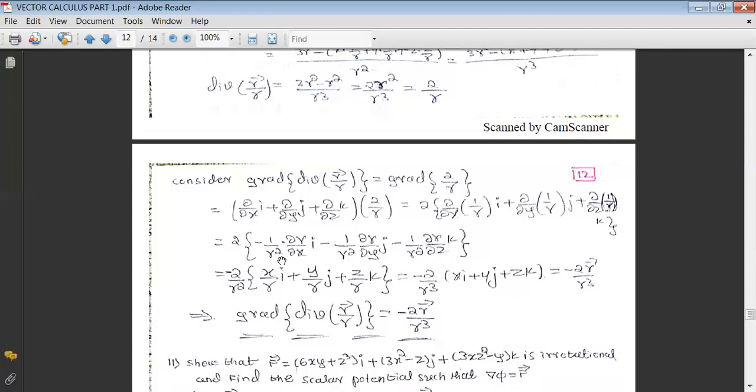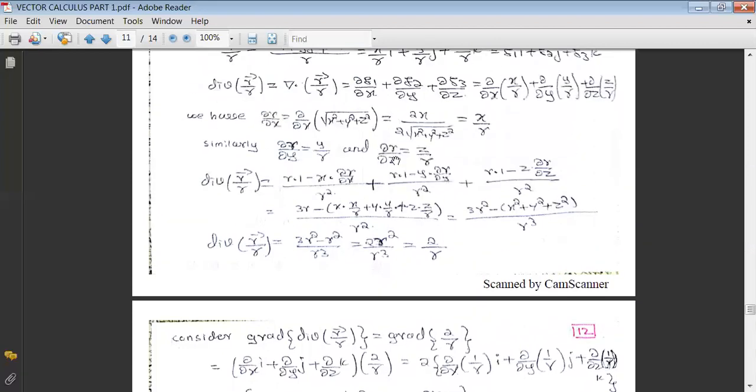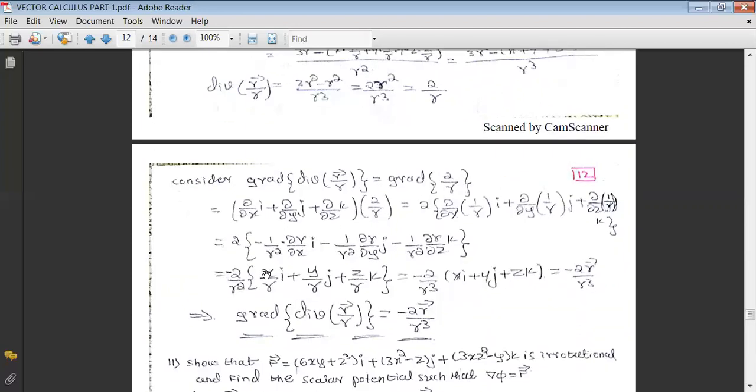Okay, now this minus 1 by r square, I will take it outside, then we find x by r into i, because we already written here, that is partial derivative of r with respect to x is x by r, and partial derivative of r with respect to y is y by r, partial derivative of r with respect to z is z by r.